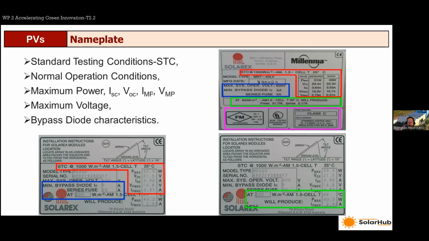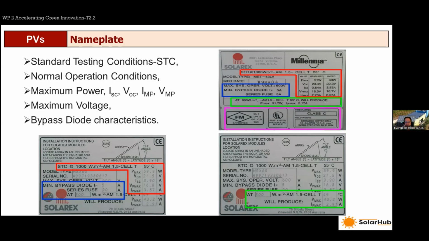It's another parameter that we didn't mention, but it's also quantified, and for STC is 1.5. It's a dimensionless number. It provides also, however, information about normal operating conditions, because STC are, let's say, ideal conditions. They are not the conditions that one would meet in a real system, right?